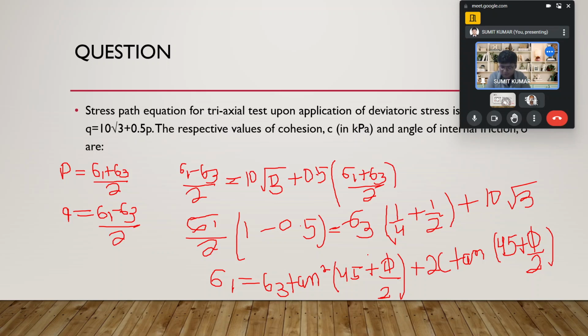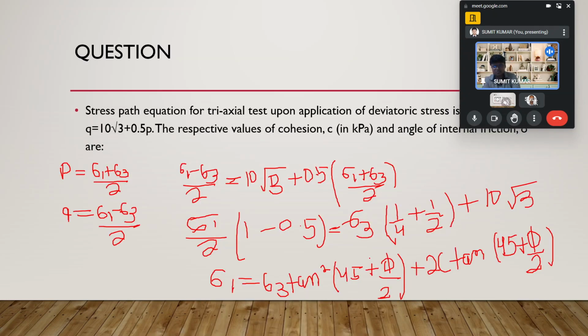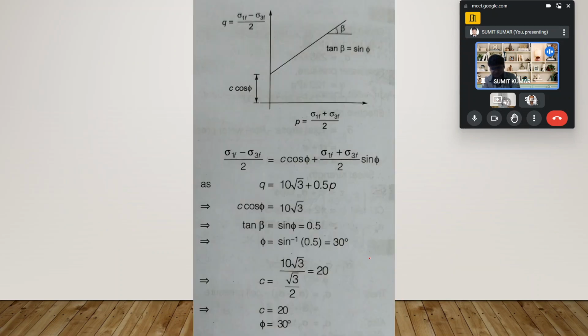Okay, so I will go ahead point by point. In this problem, I already stated that p is sigma 1 plus sigma 3 by 2 and q is sigma 1 minus sigma 3 by 2. On taking the relation and interpreting the result, we are able to find the solution. But with this solution, you might be confused, so that's why I have written this for you, so you are easily able to solve the problems in a good manner.